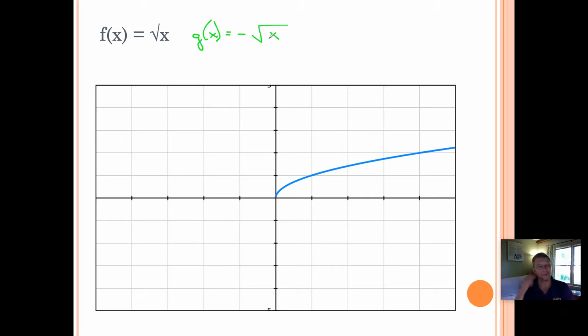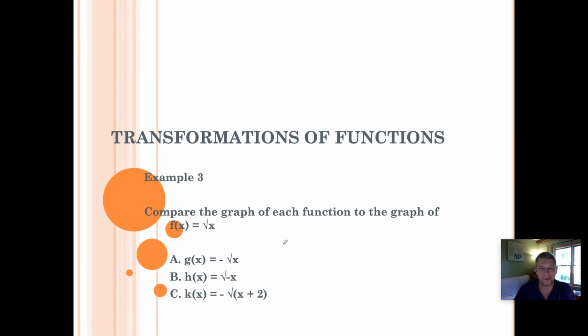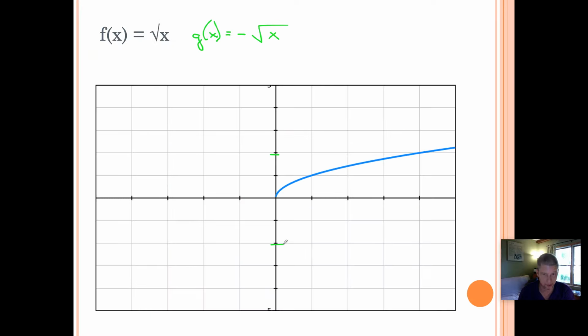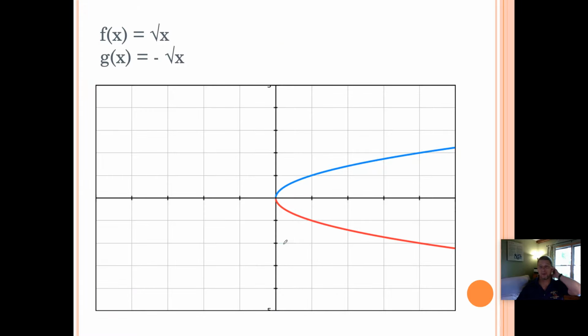Now, if I make it negative, I'm taking the value of y that was positive here, and I'm just going to make it negative. And so what's going to happen here? Well, I'm going to reflect this across the x-axis. So this is a reflection across the x-axis.